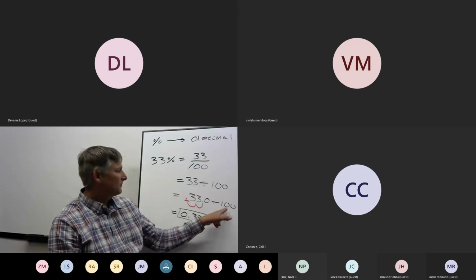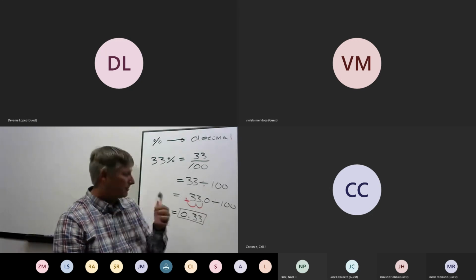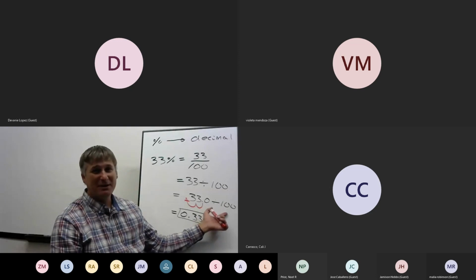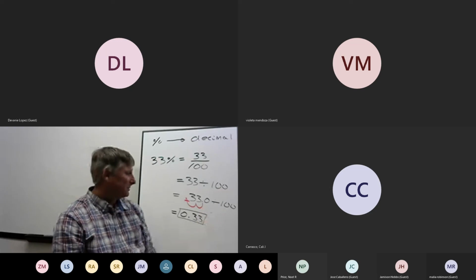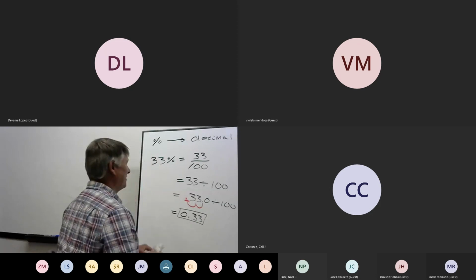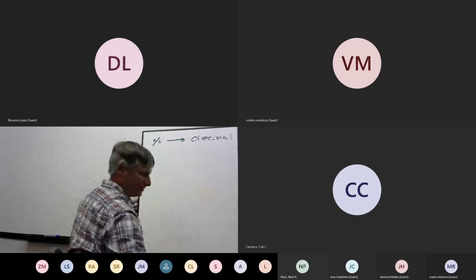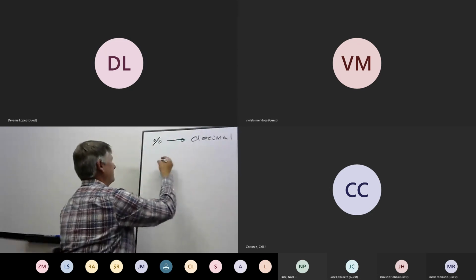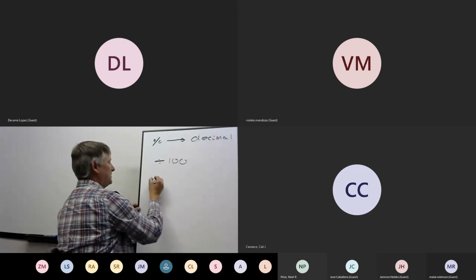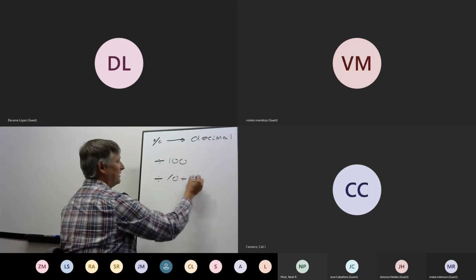Now, I'm skipping a little step here. It's going to come up in a bit, but it's 100, because 100 is 10 times 10. You're actually dividing by a 10 and dividing by another 10. So we can think of the decimal moving like that. Let me tie that together real quick. If we divide by 100, this is the same as dividing by 10 and then dividing by 10 again.